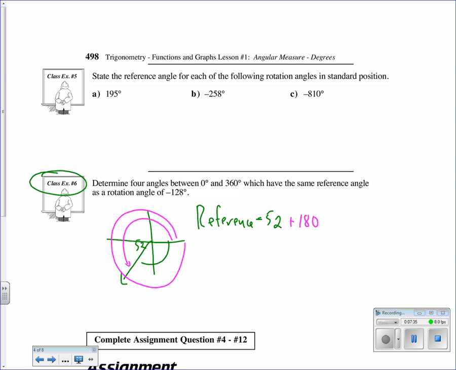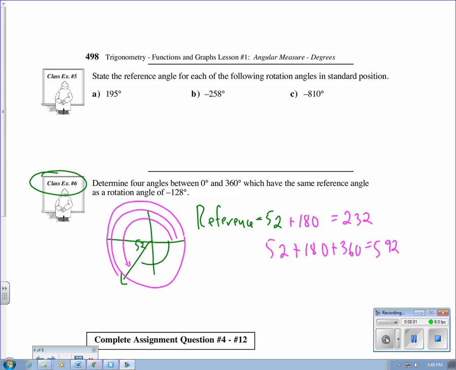So that's 360 degrees plus 180 plus 52. So 52 plus 180 plus 360. And then to continue getting those rotations, I can keep adding 360. Well, all I've been doing is making coterminal angles.